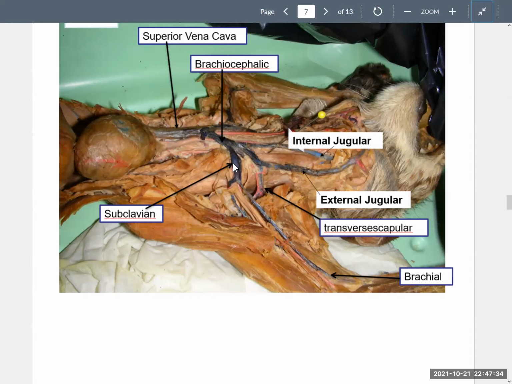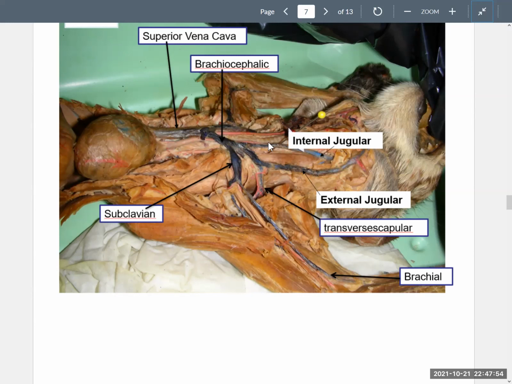Here is the subclavian. And it's not clear where the subscapular comes off in this view. So I won't ask it from this view. I'll show it to you in just a second.